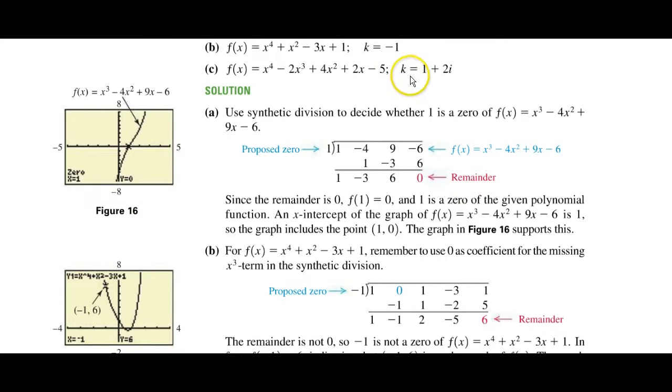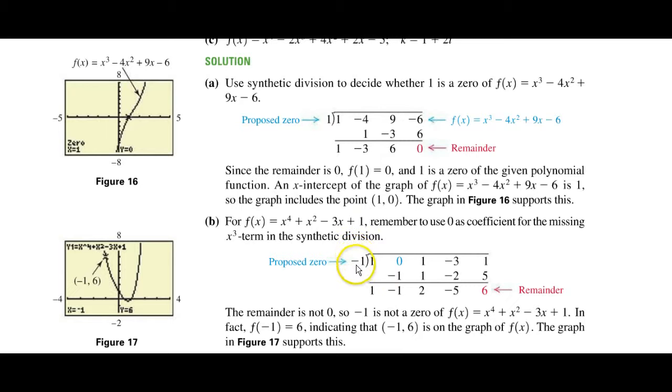Now let's do the next one. Here we're going to use a -1. Now we put a -1 in there. Again, in this value, notice there is no x to the third, so we had to put that 0 there, but we're going to use a -1 now. And we run it through synthetic division, and we end up with a 6.